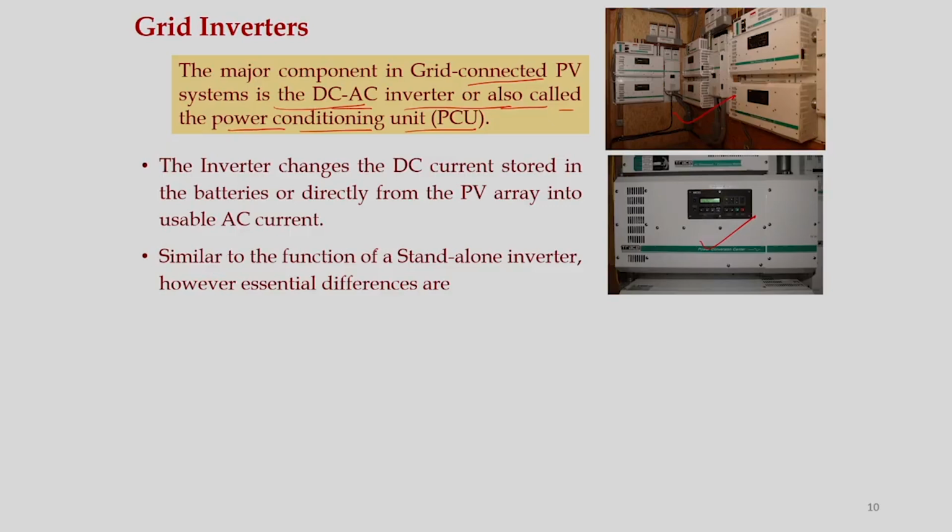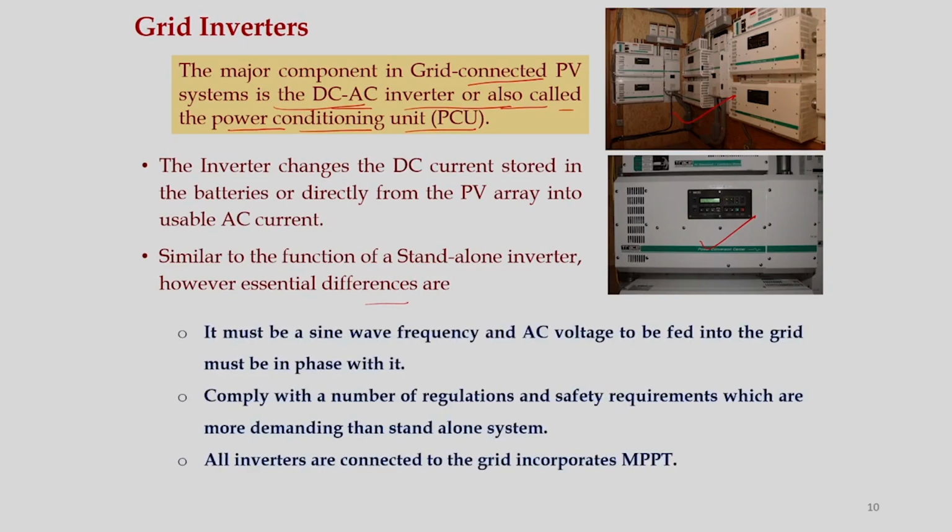If we compare with the inverter available for standalone systems, there are some differences. In the case of the inverter used in a grid connected system, it must produce a sine wave, and the AC voltage to be fed into the grid must be in phase with the grid frequency and voltage.